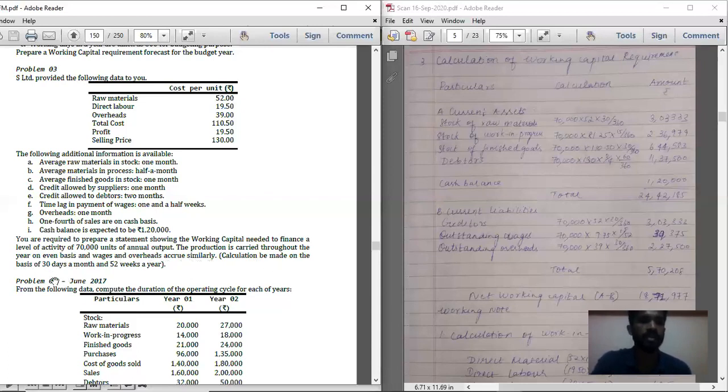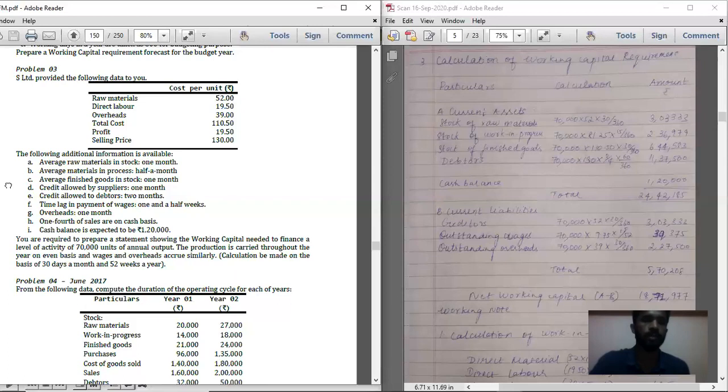Calculation is to be made on the basis of 30 days a month and 52 weeks a year, so 30 into 12 is 360 days. If given in days, it means 360 days; in a month, 30 days; in weeks, 52 weeks in a year. This is how we calculate the number of days for raw materials, work in progress, finished goods and other things.